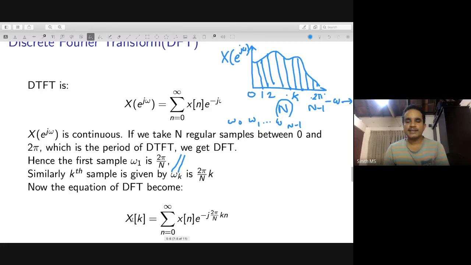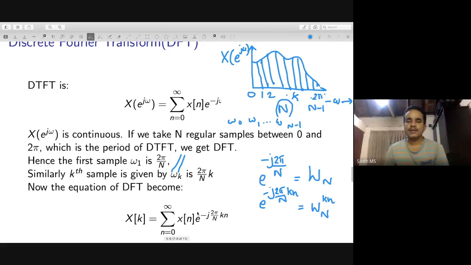For any x[n], you can find the DFT for different values of X[k] as the sum of x[n] e^{-j2πkn/N}. Now, e^{-j2π/N} is normally represented as W_N, which we were discussing last class. So e^{-j2π/N} raised to kn can be written as W_N raised to kn.